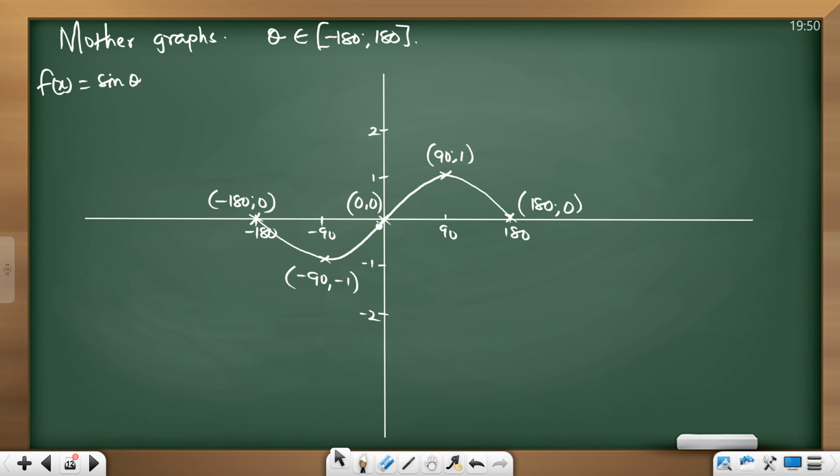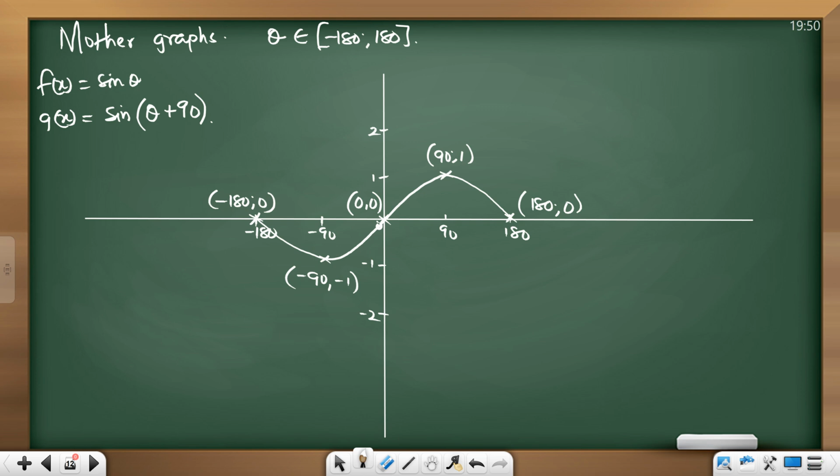If I ask you to draw this for me, g of x, and I say let us shift this graph, please listen to me, I'm doing 2 things here. 90 degrees to the left. What will it be? Theta plus 90.